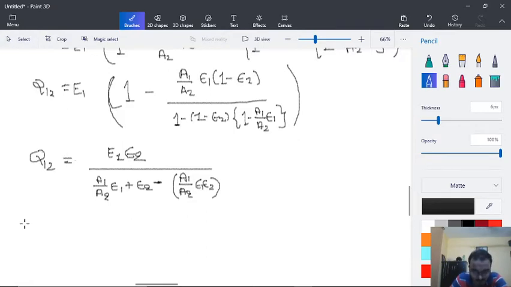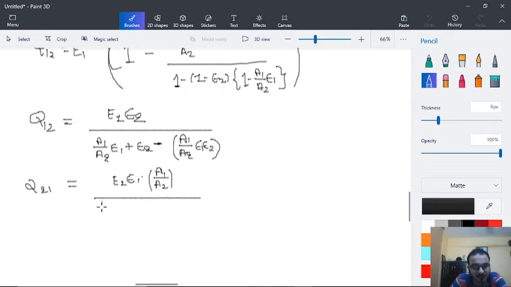Now energy lost by the outer cylinder to inner cylinder will be in this way: E2 epsilon 1 into E1 by E2 divided by, the denominator will remain same, that is A1 upon A2 epsilon 1 plus epsilon 2 minus A1 upon A2 epsilon 1 epsilon 2.